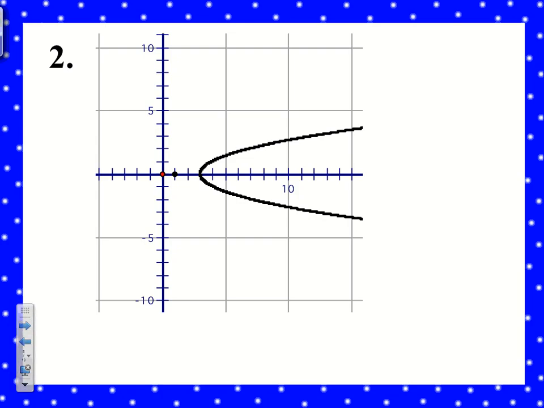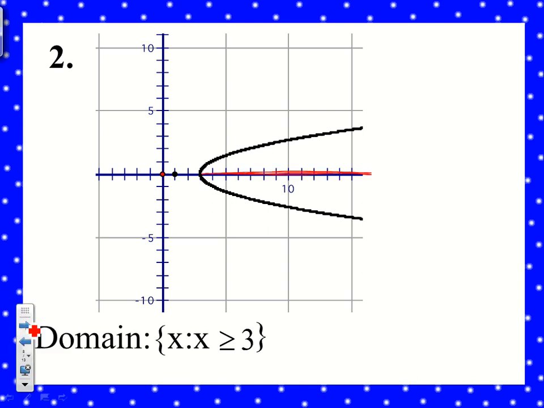Now, let's go ahead and take a look at this. Remember, for my domain, I'm going to look at my x. I like to do this with a highlighter and coloring pencil. It starts with 3. So x needs to be greater than or equal to 3. But my range, remember, as this extends, it gets what?